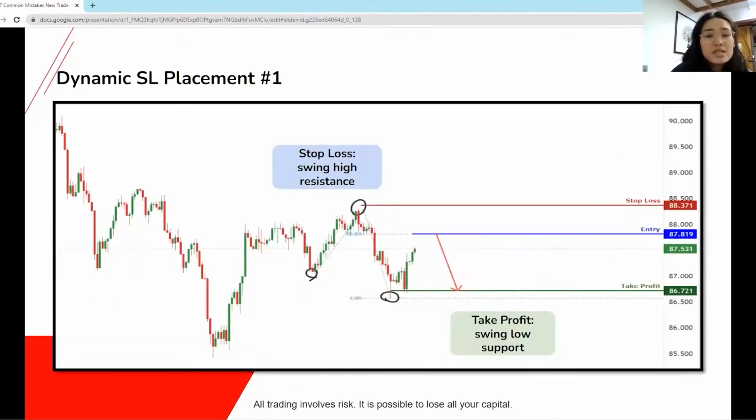Here's a simple example to demonstrate dynamic stop loss. Price has bounced nicely off the support level at 86.721, and we expect it to reverse off the entry at 87.819, in line with the 100% Fibonacci projection level.